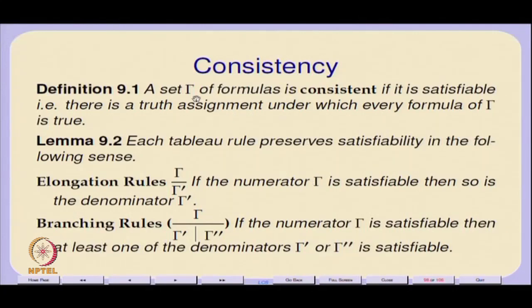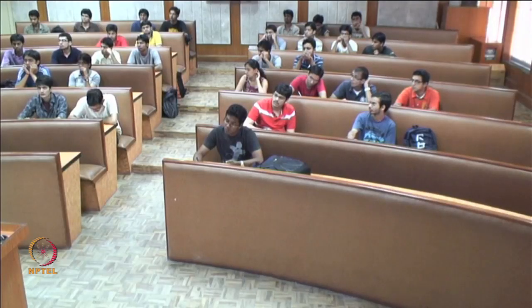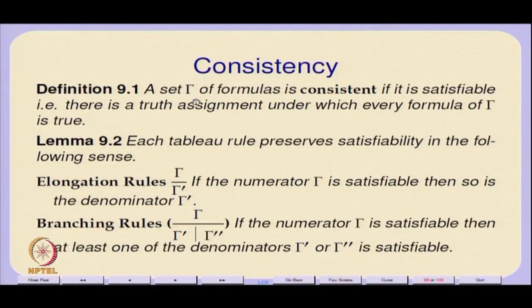So, what is the consequence of a tableau being complete but having open paths? We will come to that. It has to do with satisfiability. Since the notion of validity of arguments and logical consequence has been reduced to that of satisfiability of a set of formulae, we will say a set of formulas is consistent if it is satisfiable.